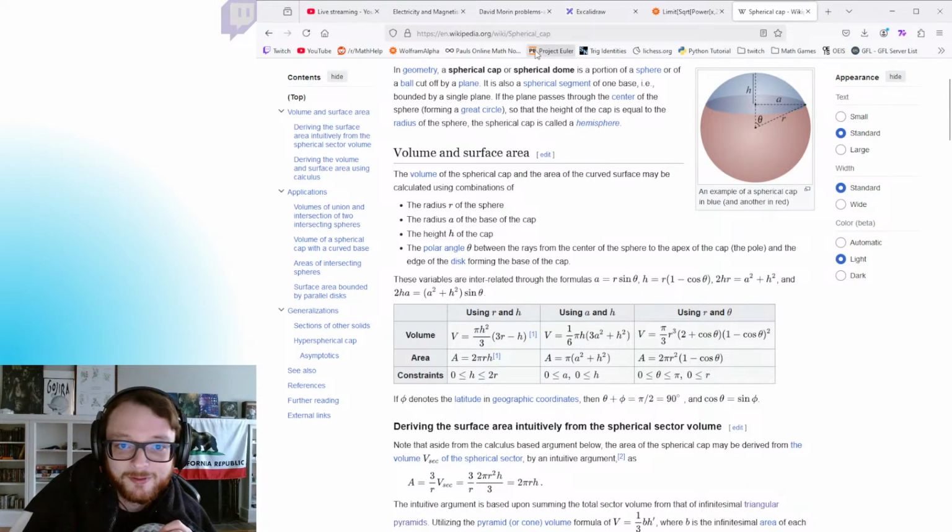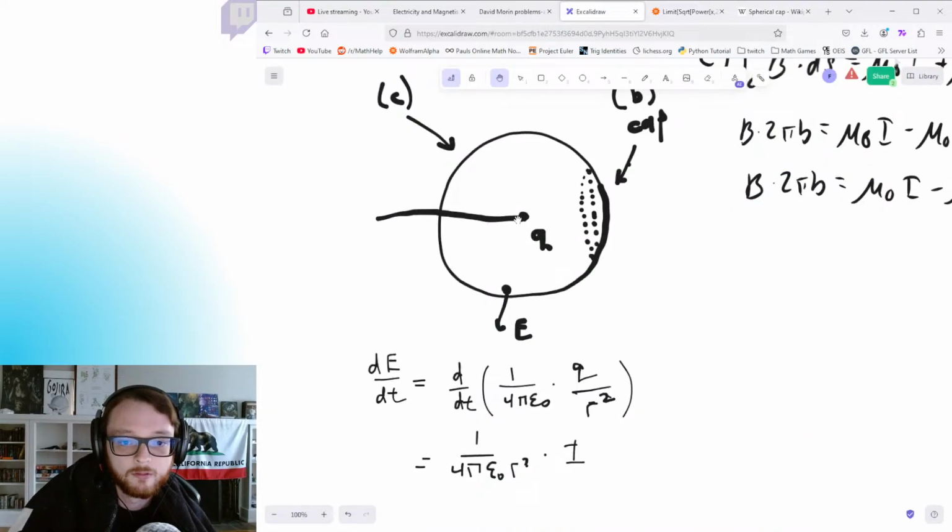That seems promising. Yeah, Wikipedia has a few versions of the formula, in the table in the column on the right: 2 pi r squared times 1 minus cos theta, where theta is the central angle. Okay, good. The r is going to be something involving b though, like b sine theta or something.